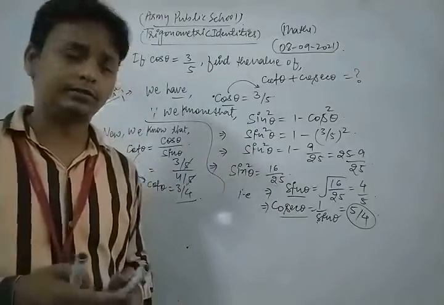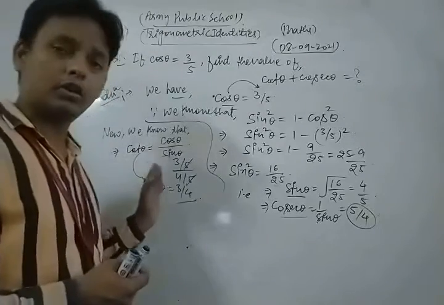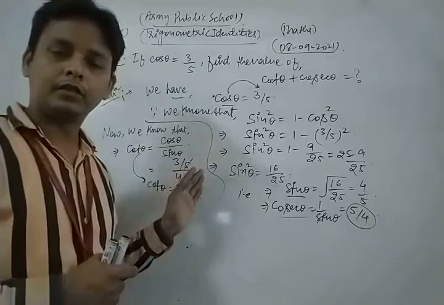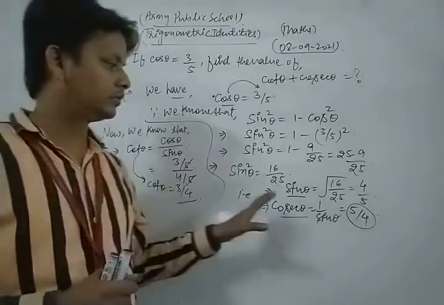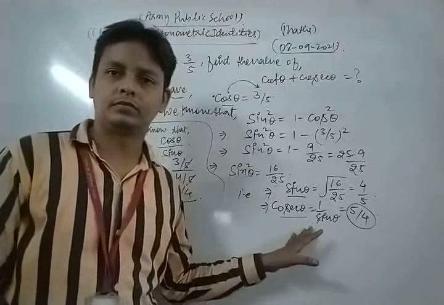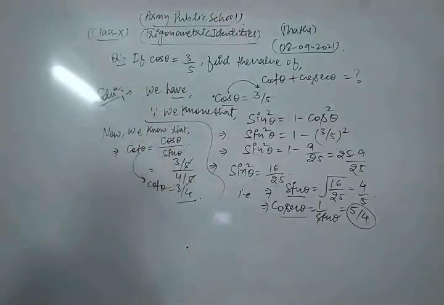So in this way, with the help of the identity, we find the value of cot theta as well as the value of cosec theta.